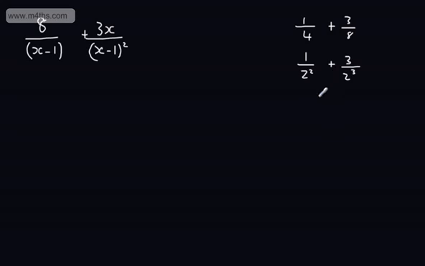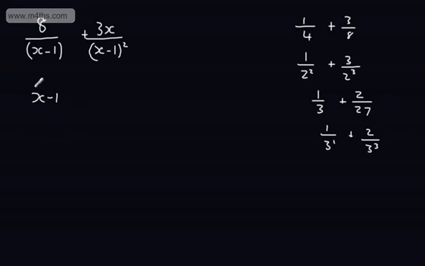So for example, now if you had, let's say we got 1/3 plus 2 over 27, we would have 1 over 3 to the power of 1 plus 2 over 3 to the power of 3, and the lowest common multiple would be 3 to its highest power. So let's look at what we've got here. We've got x minus 1 and x minus 1 all squared. The lowest common multiple is x minus 1 all squared.